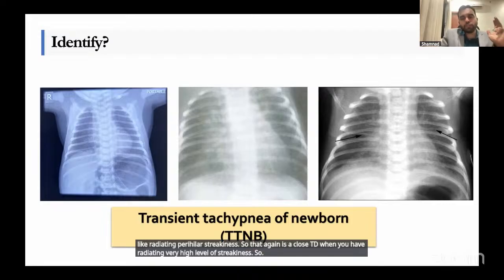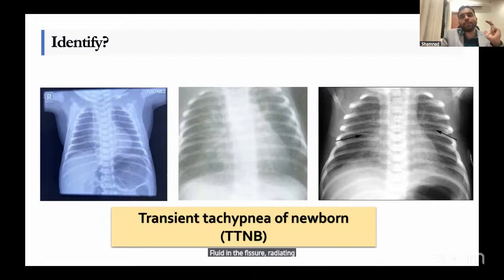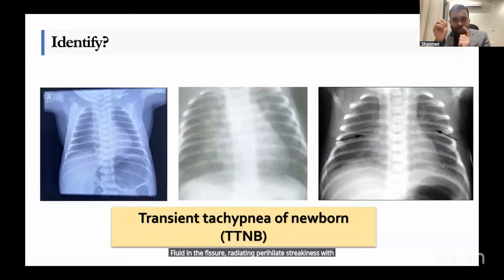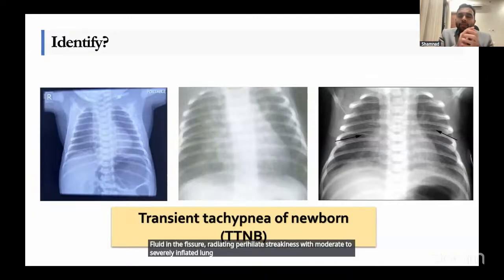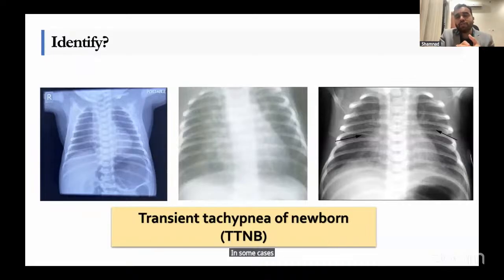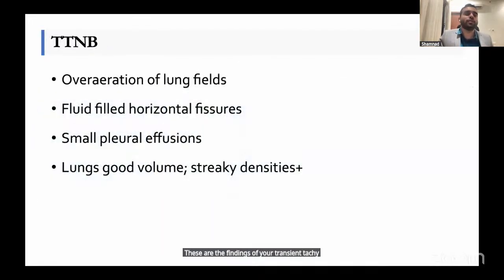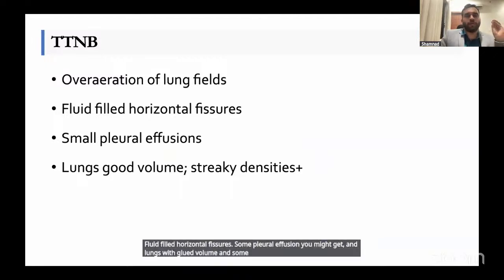So fluid in the fissure, radiating perihilar streakiness with moderate to severely inflated lung. And the last finding, in some cases, you might also get a pleural effusion. These are the findings of your transient tachypnea of newborn: overaeration of lung fields, fluid filled horizontal fissures, some pleural effusion you might get, and lungs with increased blood volume and some perihilar streaky opacities.